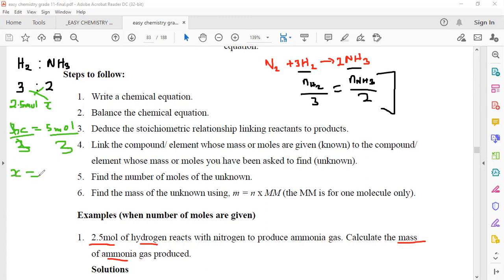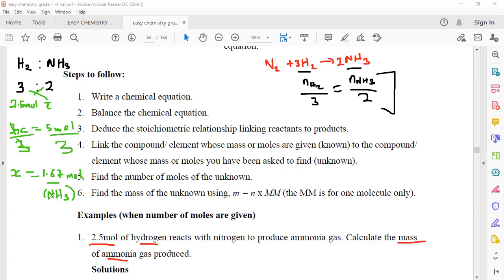It's just a matter of finding the moles for the unknown. So this will be 5 divided by 3, and that will give us 1.67 moles, rounded off. These are the moles of ammonia gas, NH3.